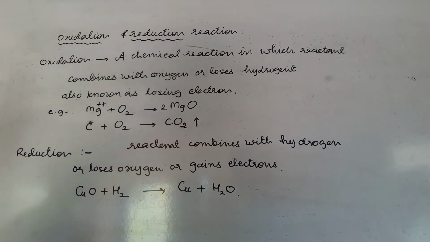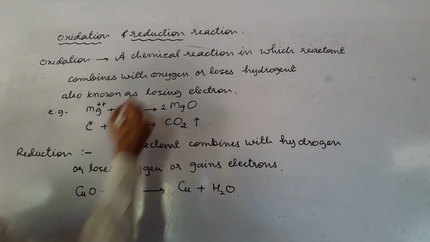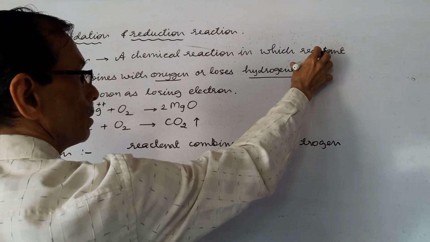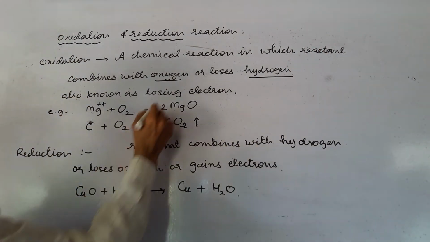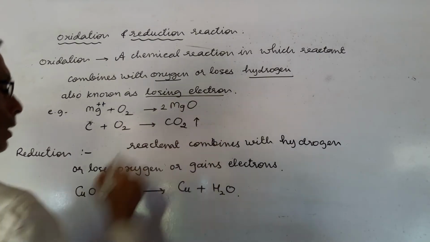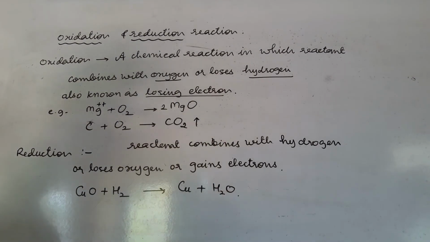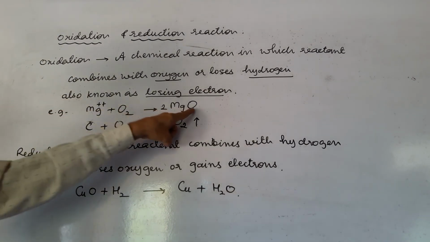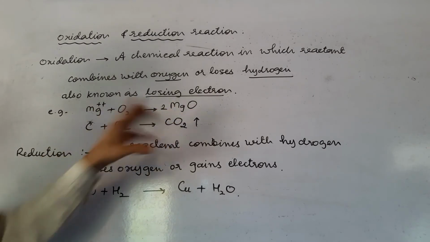So losing electrons, as we know, combining with oxygen or losing hydrogen, losing hydrogen or electrons, is also called oxidation. So here magnesium loses electrons to form magnesium oxide, and therefore it is oxidation.